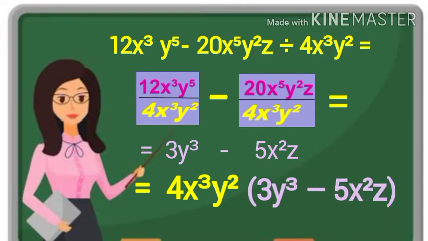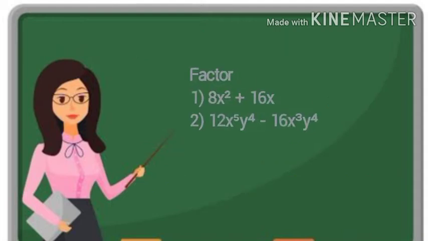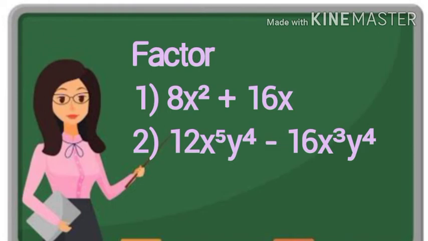Do you know that we can also check our answer by multiplying 4x cubed y squared to 3y cubed minus 5x squared z? Amazing, right? To give you more examples on factoring polynomials with GCF, kindly watch this.